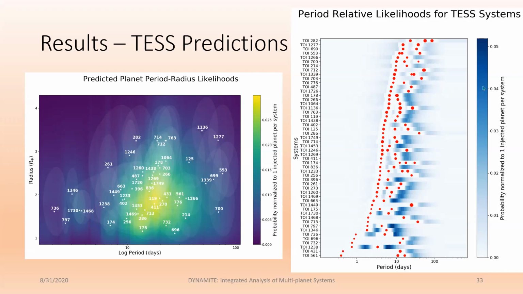A few of these systems are high priority targets for Project Eden, and we're already in the process of searching for these predicted planets. If we can find any in the TESS archival data as well, then we can use Eden to focus our set of observations on that specific parameter set.